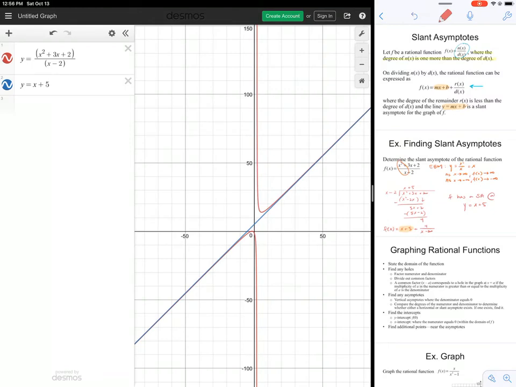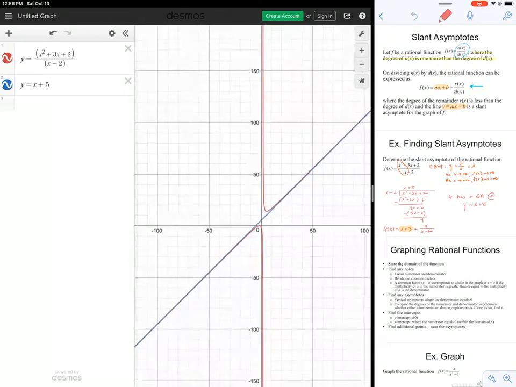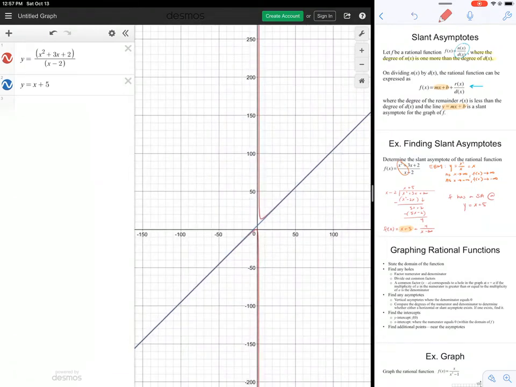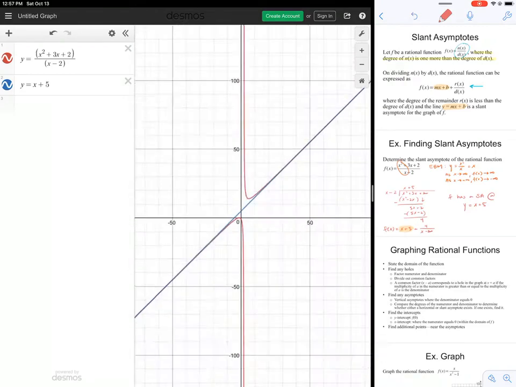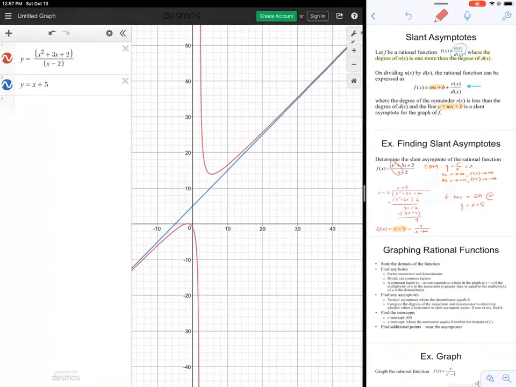Same thing as x approaches negative infinity, f of x will approach negative infinity in a similar way to y equals x plus 5. That's why it looks like their graphs are merging together as we're zooming out. Kind of cool.